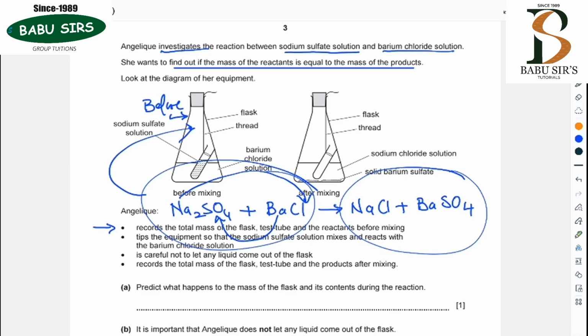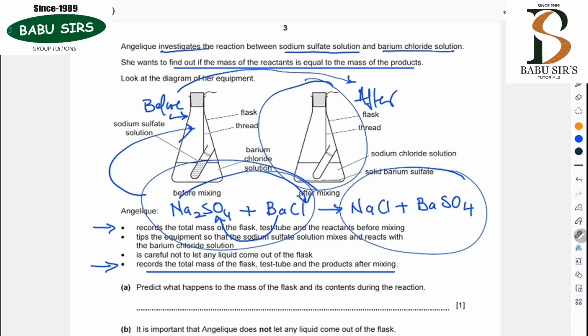Second is after the reaction is over. So it is told that record the total mass of the products. So after the reaction is over, this is after. So again you can record everything here. So once you find before and after, the entire mass will be the same, because according to the laws, before the reaction and after the reaction the masses will be the same.